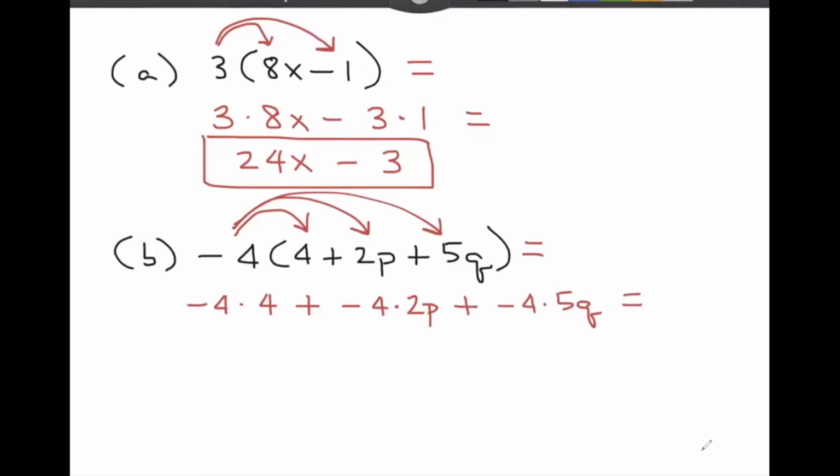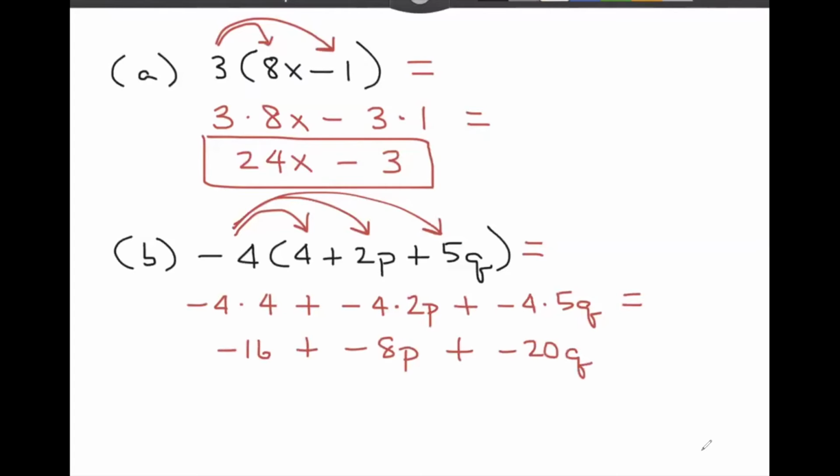All right, so first we have -4 times 4, which is -16, plus -4 times 2p, which is -8p, plus -4 times 5q, which is -20q. Now we don't need to leave that expression like that.